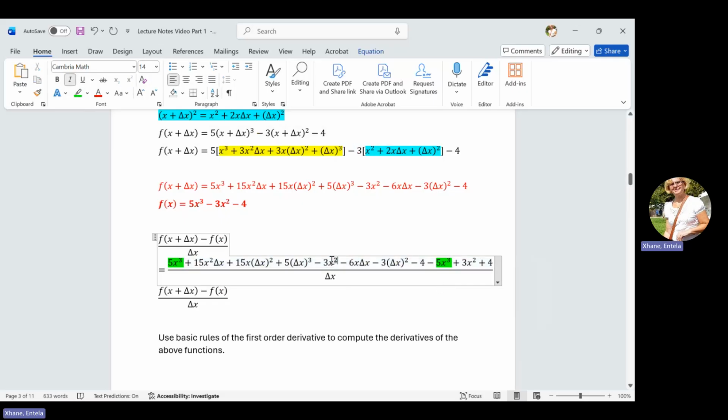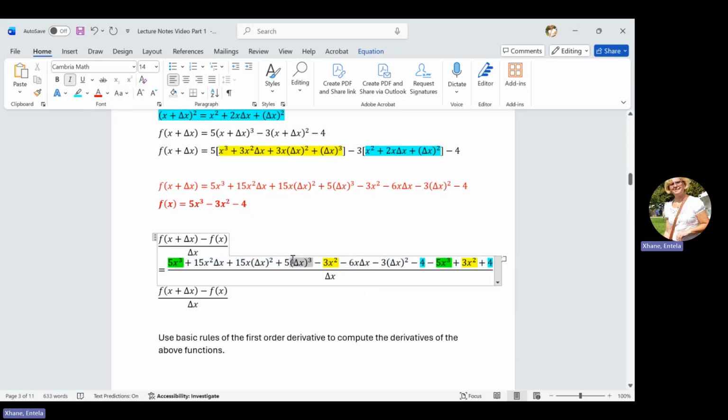Then I have a minus 3x squared, which is not colored green. Let's pick a different color, yellow. And then I have a positive 3x squared. So let's make that yellow. And then I have a minus 4, which is a number that I'm going to make blue. And then I have a positive 4 at the end. That's blue. So all these terms are canceled out.